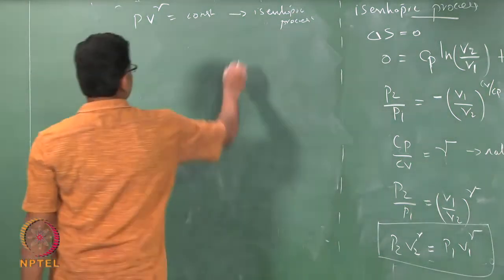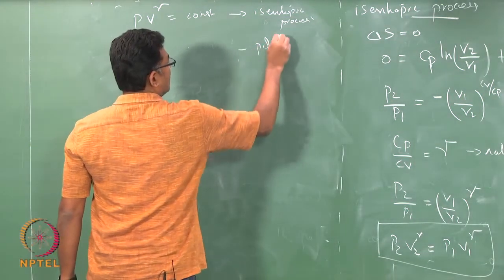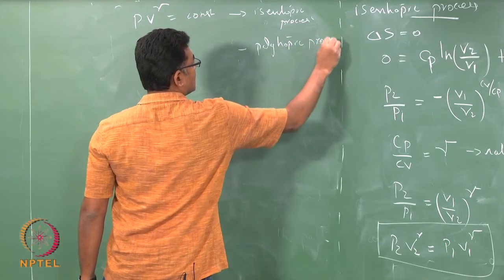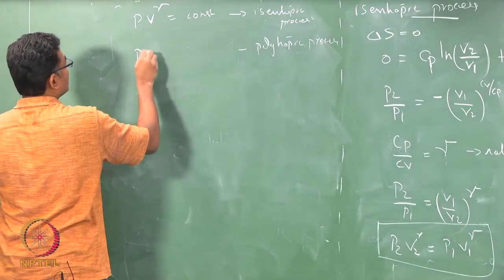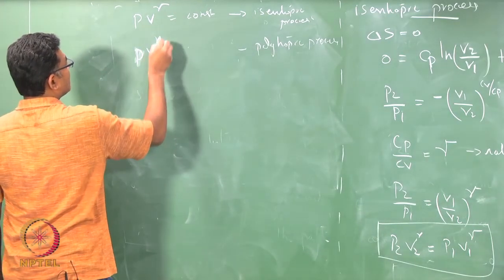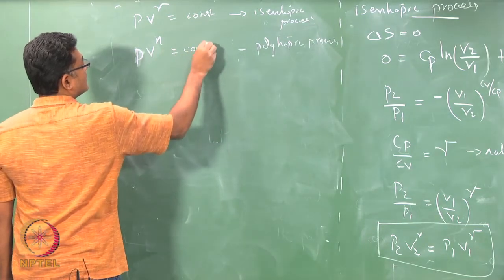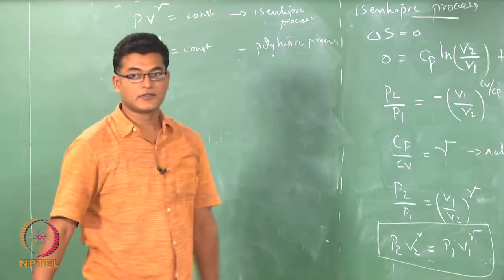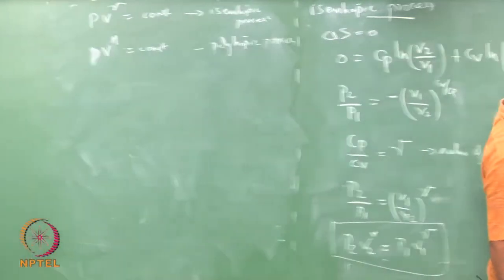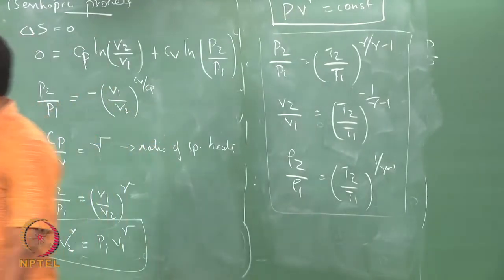Such processes are called polytropic processes, where instead of gamma we have PV to the power n equals constant. So instead of gamma you replace n in all these equations.